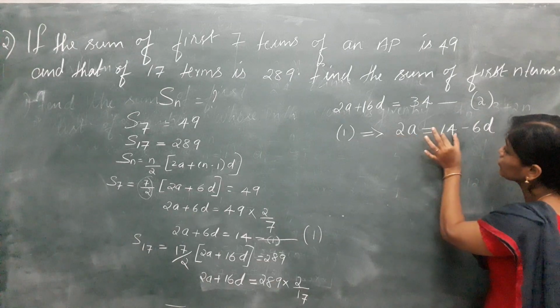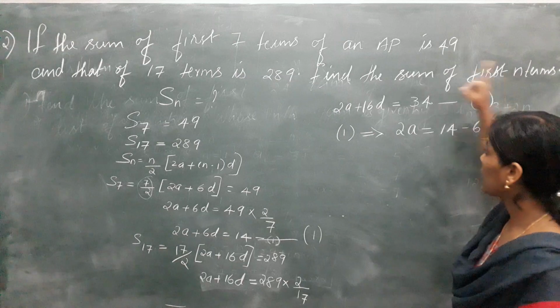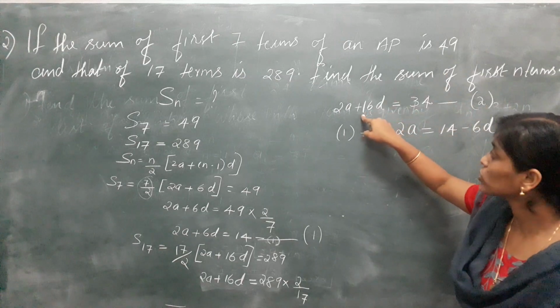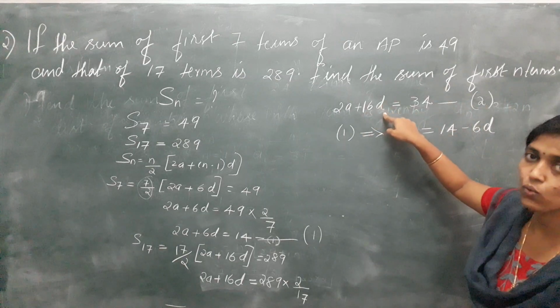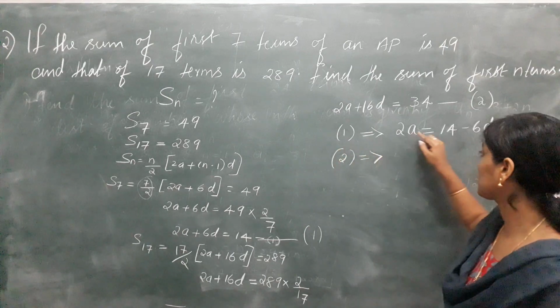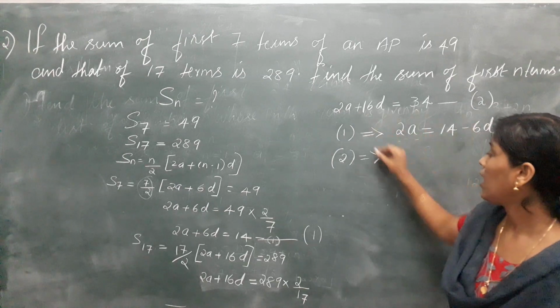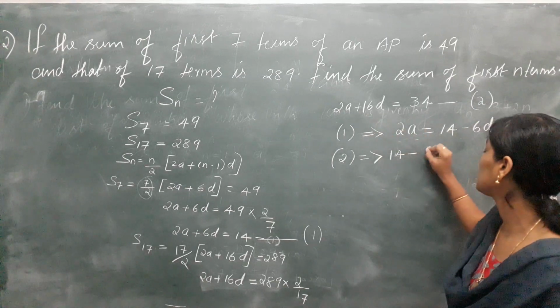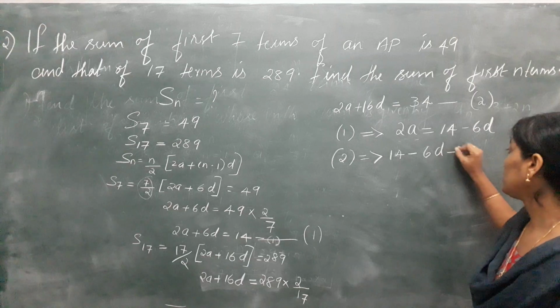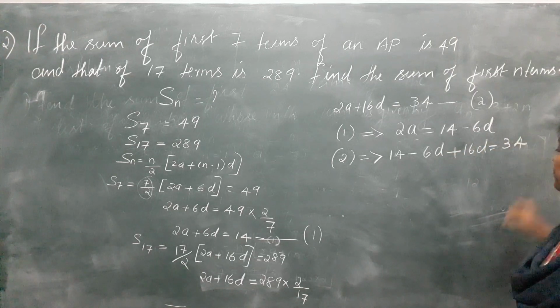This 2a value I am going to give in equation number 2 so that I can get an equation in one variable. Giving 2a as 14 minus 6d, I'll get 14 minus 6d plus 16d equal to 34.